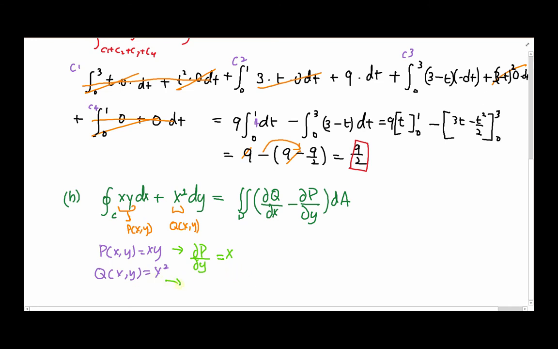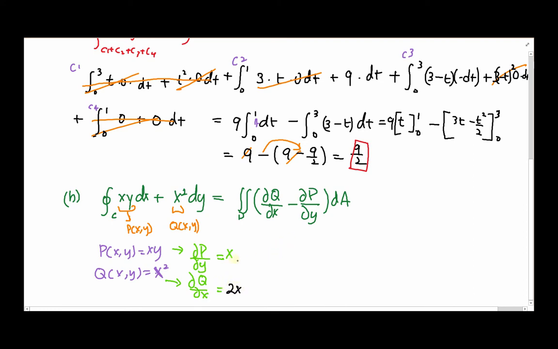And for our Q, we're going to have this. Okay, this is x squared, by the way. So when you take the derivative with respect to x, you get Qx.